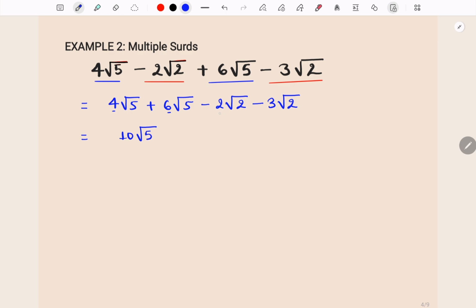And here we have negative 2 root 2 minus 3 root 2. Again, we will only operate on the coefficients. Minus 2 minus 3 is minus 5. Minus 5 root 2. And this would be our final answer.